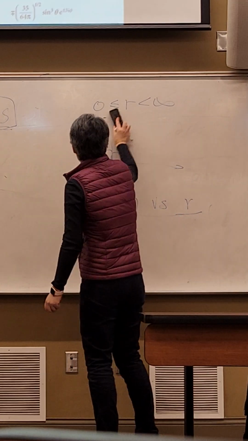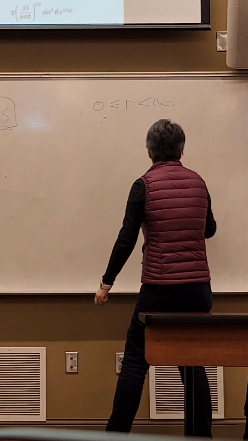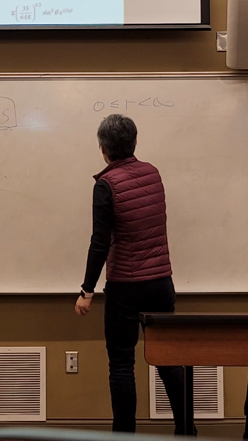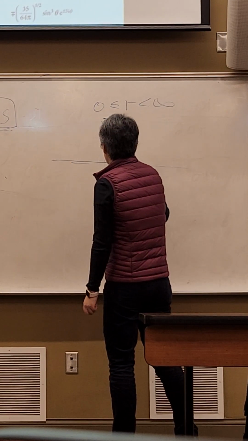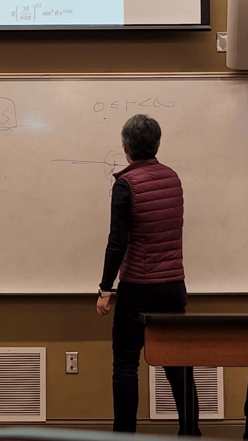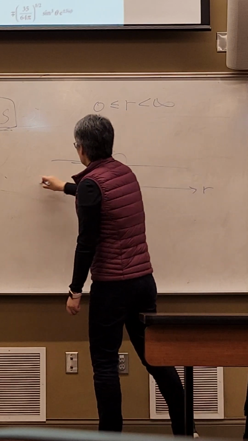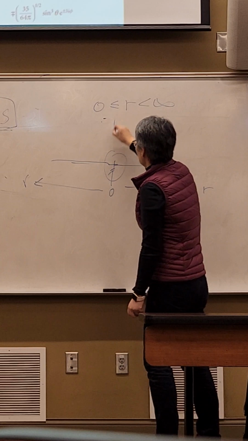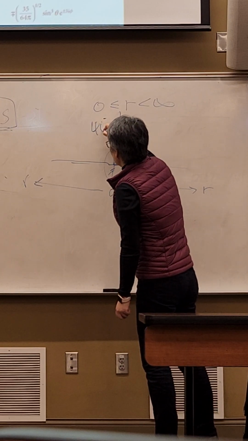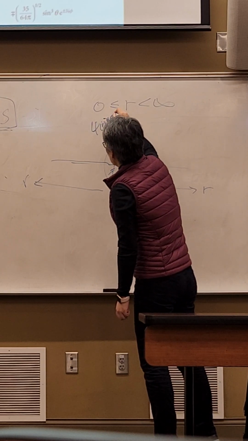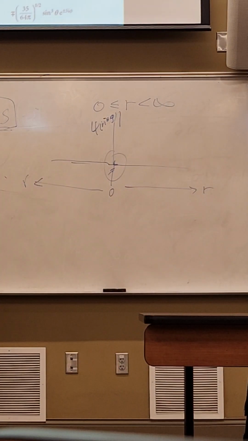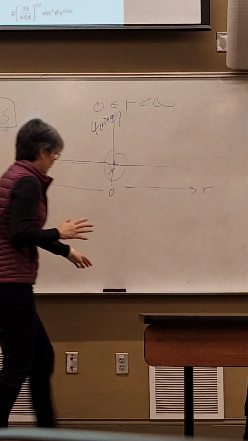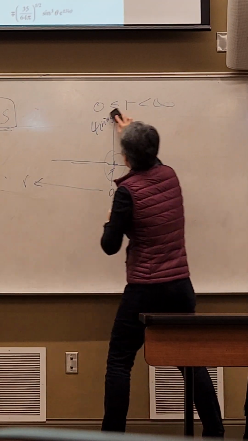Maybe just show one dimension instead of 3, let's just make it simple. Here's the nucleus. This is your origin right here, and that's your r, the extension of r. Now here is your wave function. Can you sketch what it looks like? You know the mathematical equation. Are you guys following me okay?